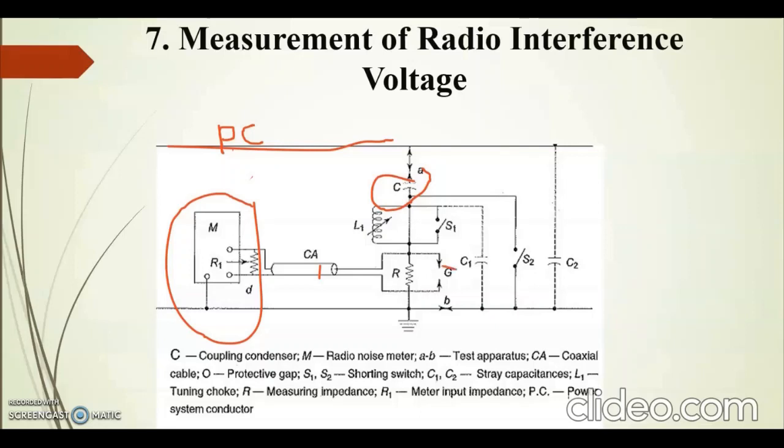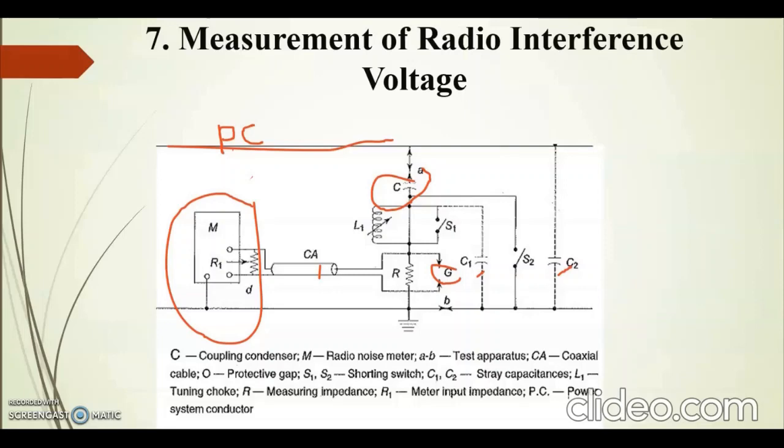This G is left open for safety purposes. This C1 and C2 will be acting as stray capacitance. These S1 and S2 switches are short circuit switches, and this L1 is acting as a choke which is used for tuning.